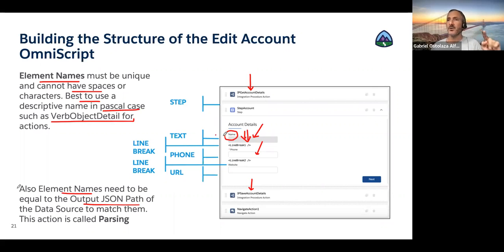Be careful, it's not the element name, but in the properties, I should make sure that this is name. Same thing for the phone and same thing for the website. They must match, okay, the JSON node name that the data source is providing. And this fact of comparing and matching those two names is called parsing. And it's very important because a lot of sources of errors, okay, come from here, from not understanding this concept of parsing.